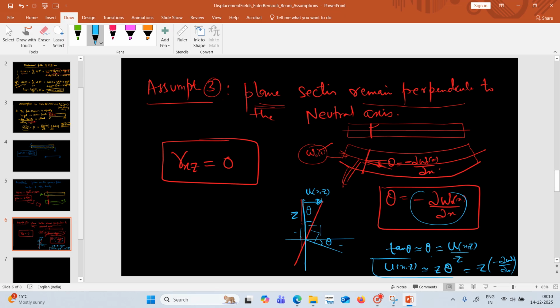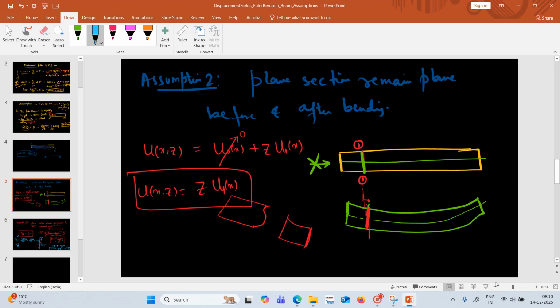Now come to the mathematical derivation. Gamma xz is equal to 0. What is gamma xz? Gamma xz is del u of x comma z by del z plus del w naught of x by del x, and that should be equal to 0. So del by del z of u of x comma z. What is u of x comma z after applying the assumptions? U of x comma z is z times u1 of x.